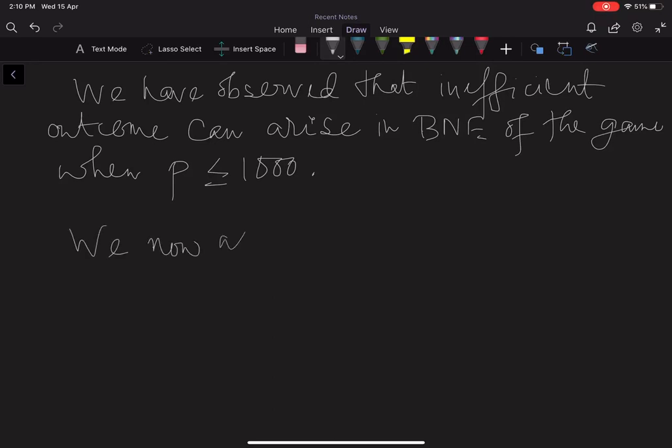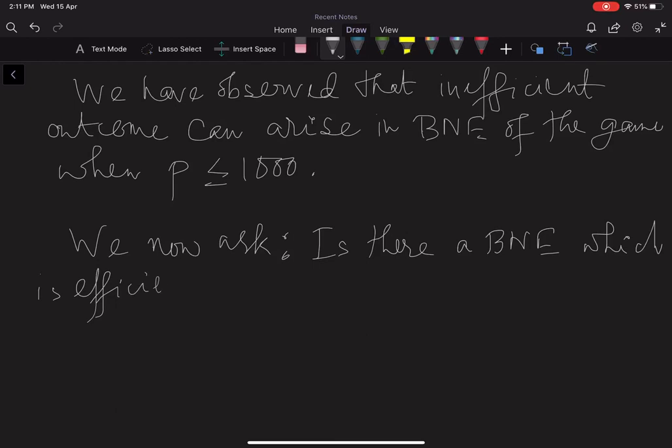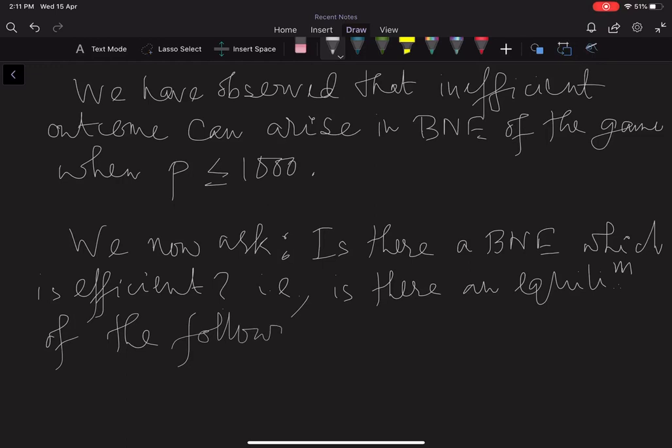We now ask, is there a Bayes-Nash equilibrium which is efficient, i.e., is there an equilibrium of the following kind, where the buyer says trade and sellers of both types, peach and lemon, also say trade?